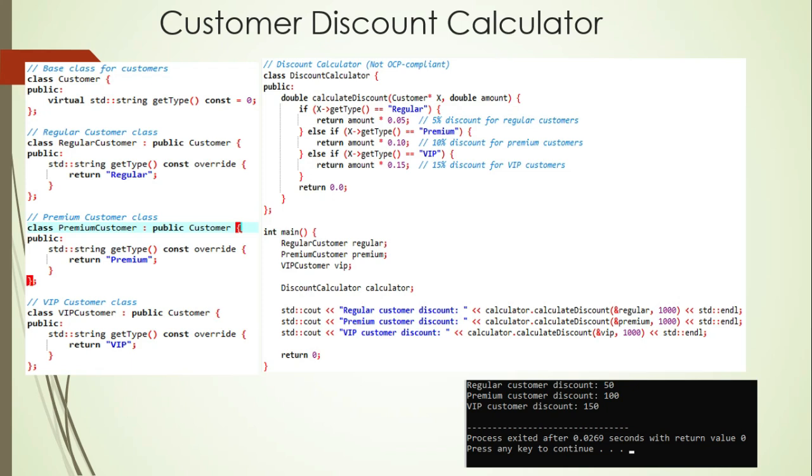If we bring changes like I have stated and explained earlier, such as wanting to add a new customer and new discount strategy, in this case we will add a new customer derived from this public customer, but we will put another condition here, else if.